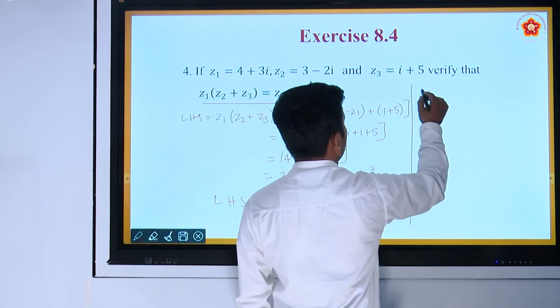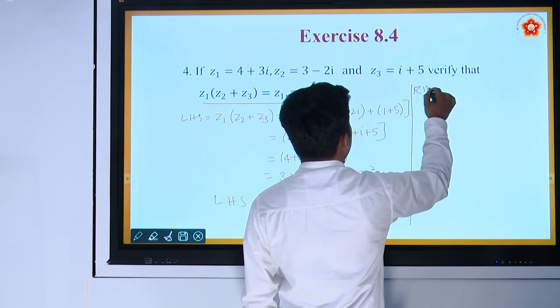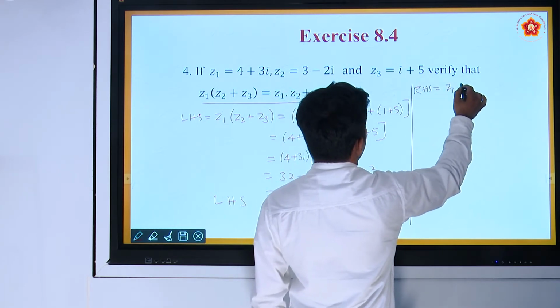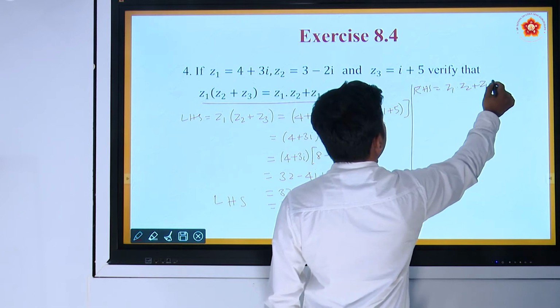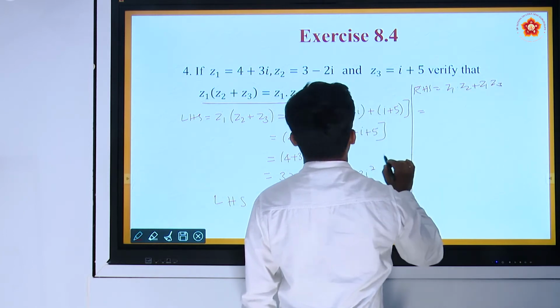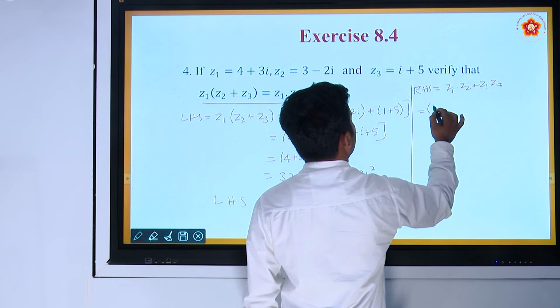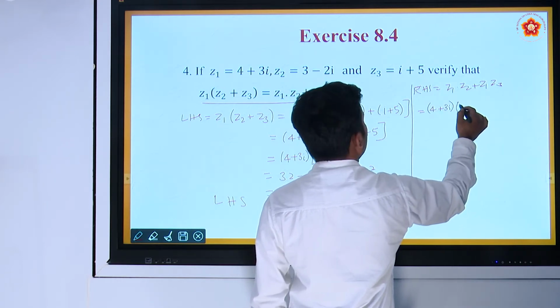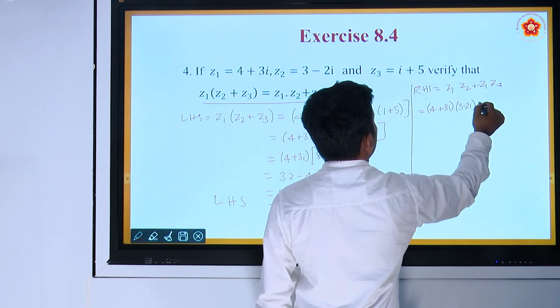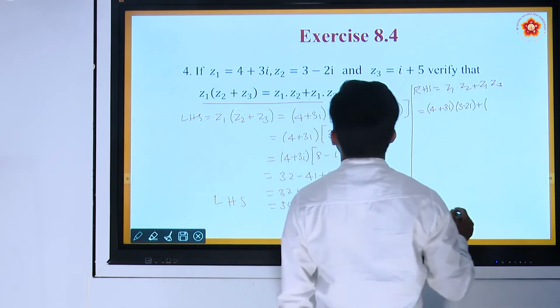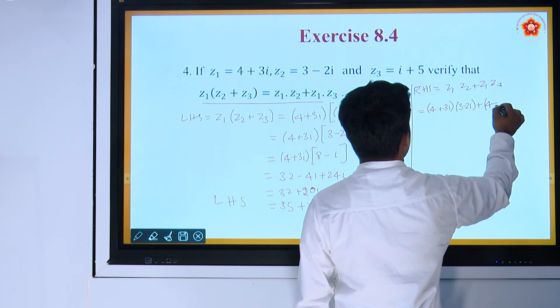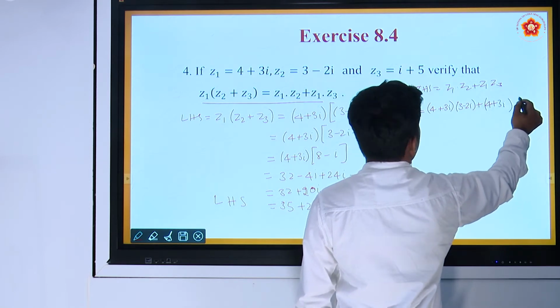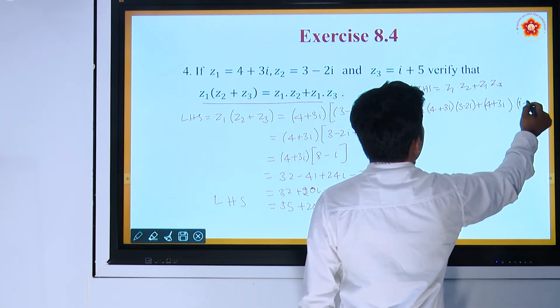Similarly, you take RHS. What is RHS? It is Z1 into Z2 plus Z1 into Z3. What is Z1? Z1 is 4 plus 3i, into Z2, which is 3 minus 2i, plus Z1, which is 4 plus 3i, into Z3, which is i plus 5.